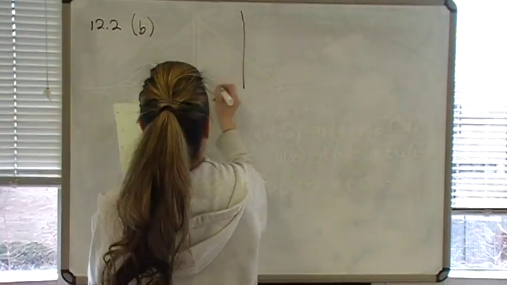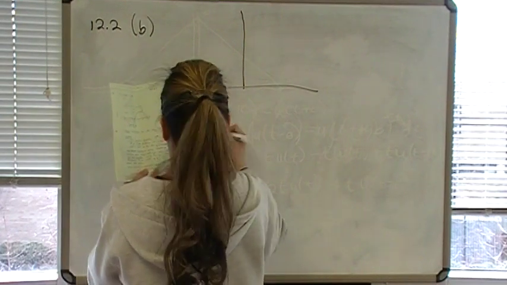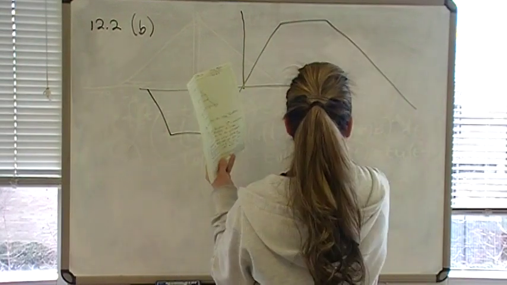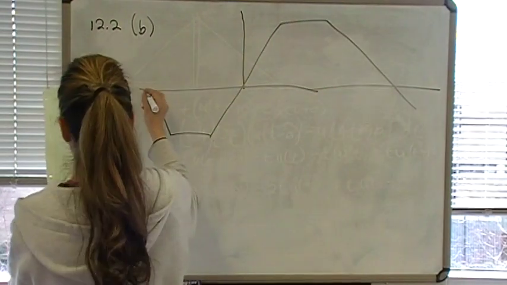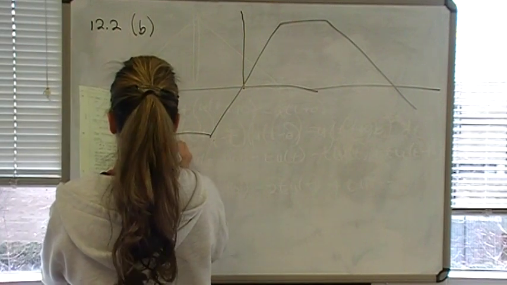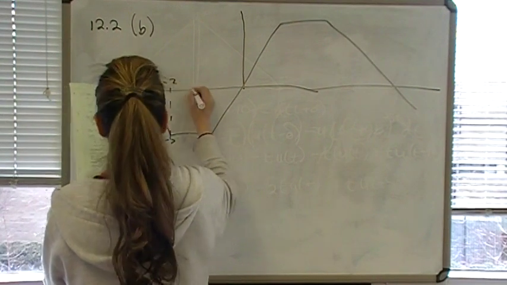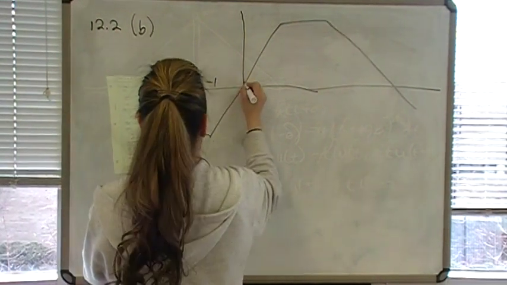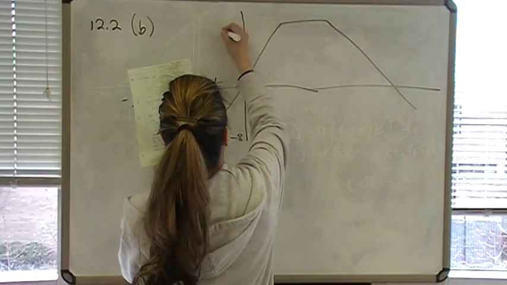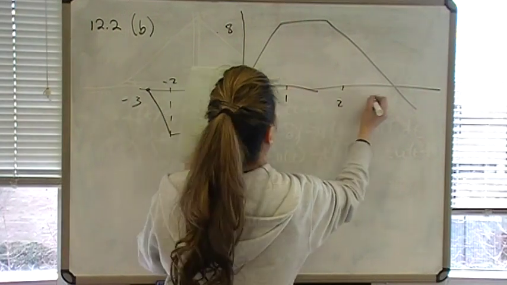So we have a function that looks like this. Crosses up here. We have negative 3, negative 2, negative 1, negative 8. This is positive 8. 1, 2, and 3.